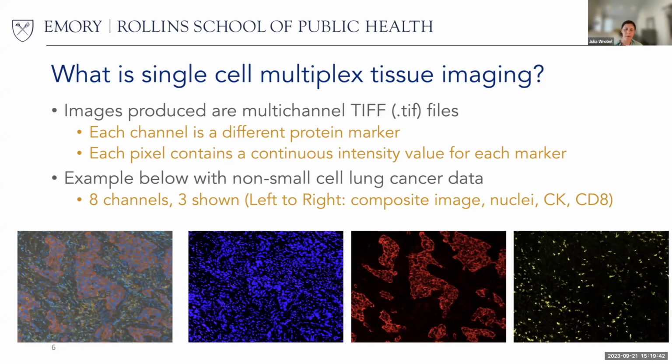But one thing that people will do is stain the tissue with, say, 6 markers, and then they'll image it, and then they'll wash those off, and then they'll stain with 6 different ones, and then wash it off. And that can give you more information, but you can imagine with each round of washing it off, some of the tissue degrades, so you get less and less good quality image.